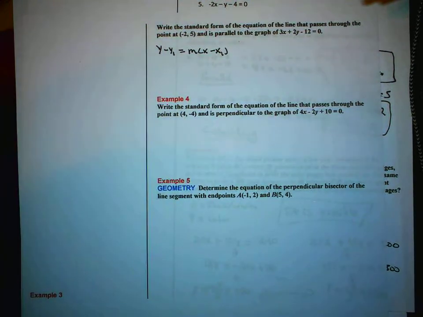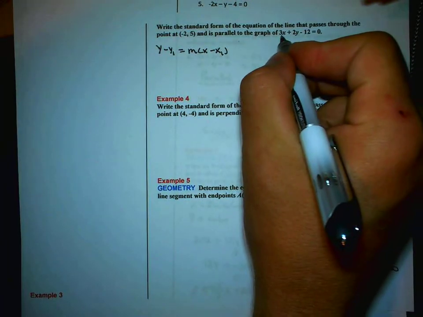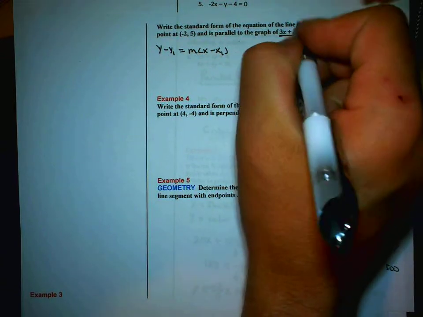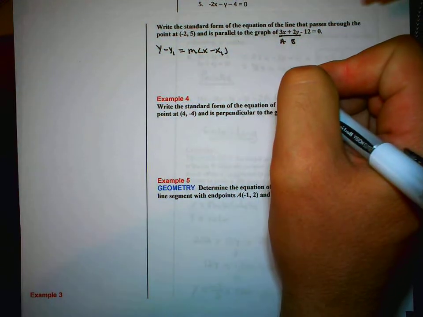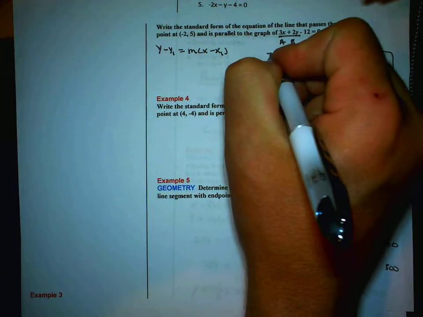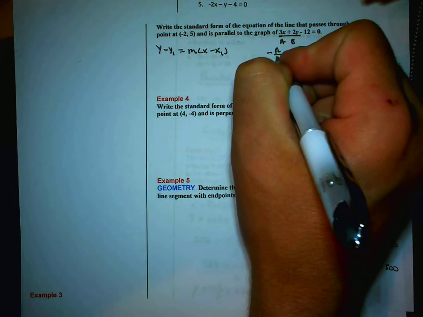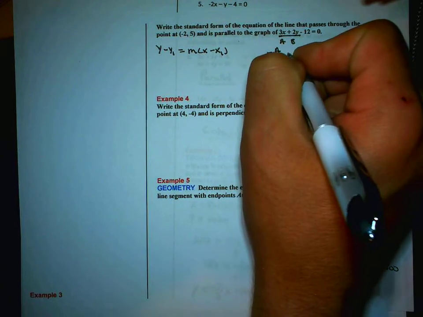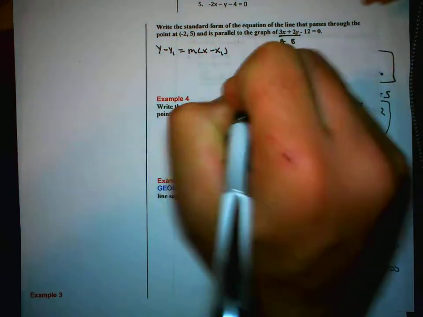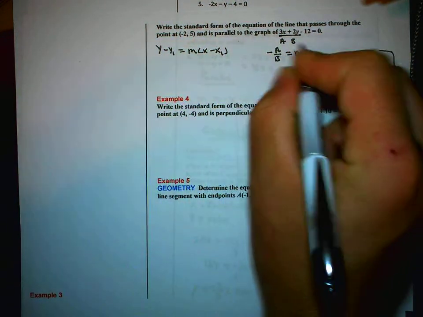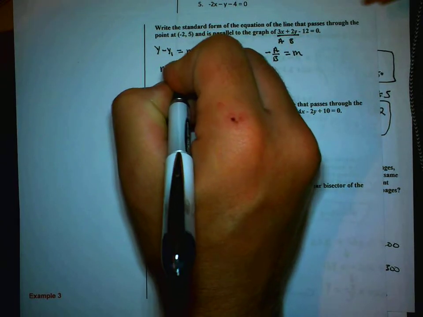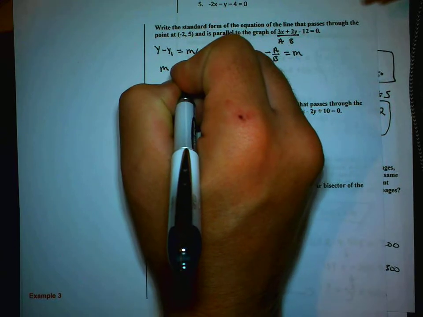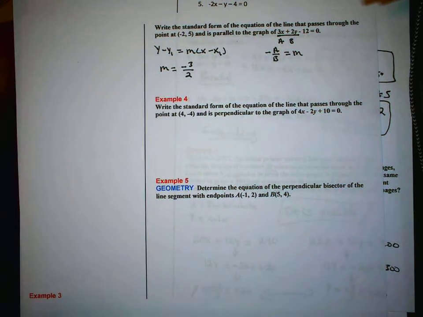Well, if I take this original problem, and remember this is standard form, so here's a and here's b, I use the formula negative a over b equals m. So negative a, that would be m equals negative 3 over 2 as my slope.